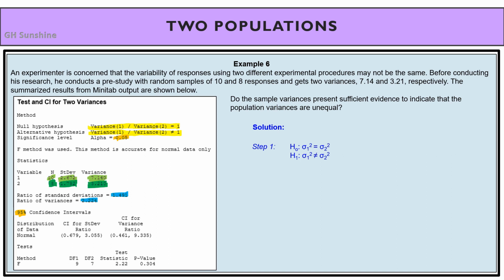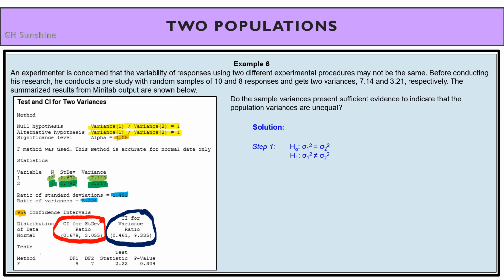Next, look at here. Confidence interval for the standard deviation ratio is in between 0.679 and 3.055. And this one, the confidence interval for the variances, means the ratio between the two populations is in between 0.461 and 9.335.